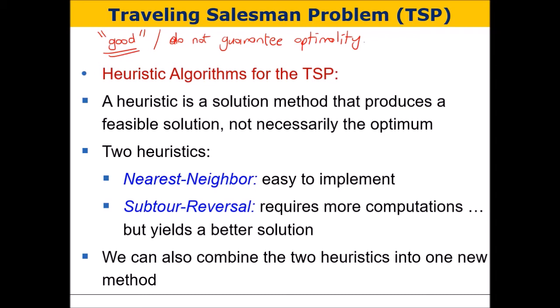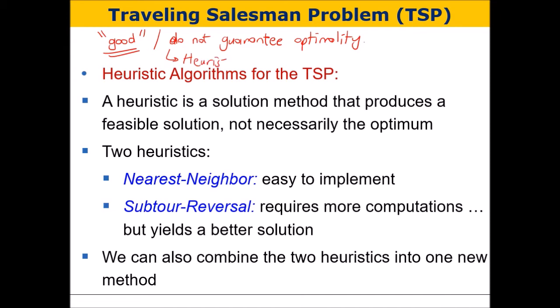So what you need to know about heuristics is that heuristic algorithms do not guarantee optimality, but be very careful with this statement. This doesn't mean that heuristics never provide optimal solutions.